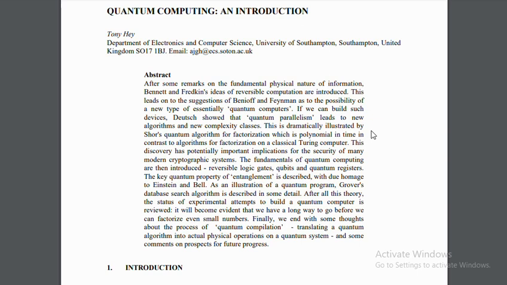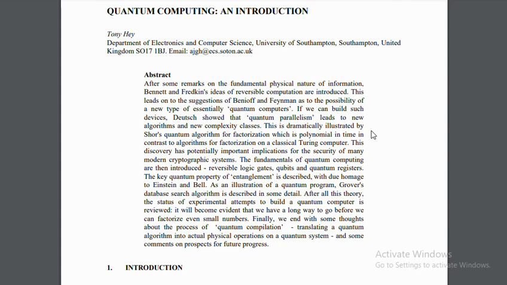The key quantum property of entanglement is described with due homage to Einstein and Bell. As an illustration of a quantum program, Grover's database search algorithm is described in some detail. After all this theory, the status of experimental attempts to build a quantum computer is reviewed.